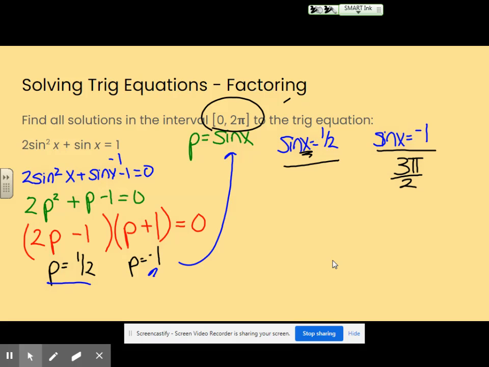1/2 is a little bit trickier, but we know how to use our unit circle. I figure out that I have the values 5 pi over 6 and a positive pi over 6. These are all of my angle measurements, and that's what I was looking for. Because I know that if I insert any of these angle measurements into x for that equation, it's going to be true.